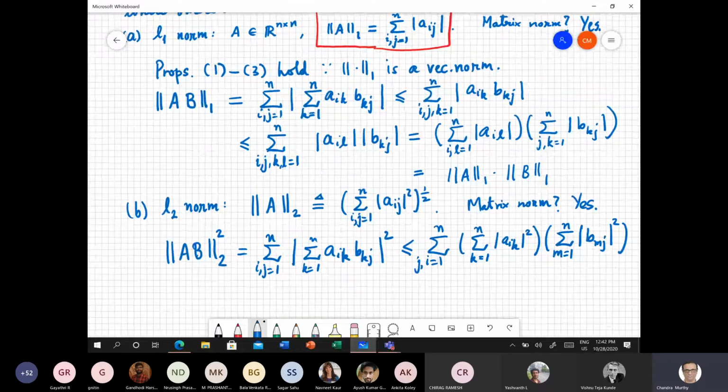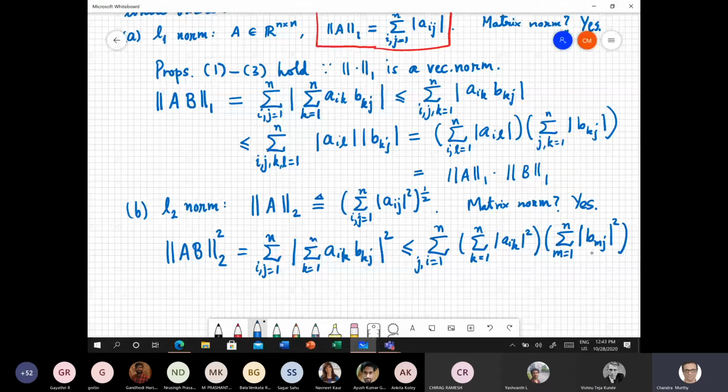Then notice that if I look at these two terms, this term has a summation over k, but it has no dependence on j. And this term has a summation over m, but it has no dependence on i.